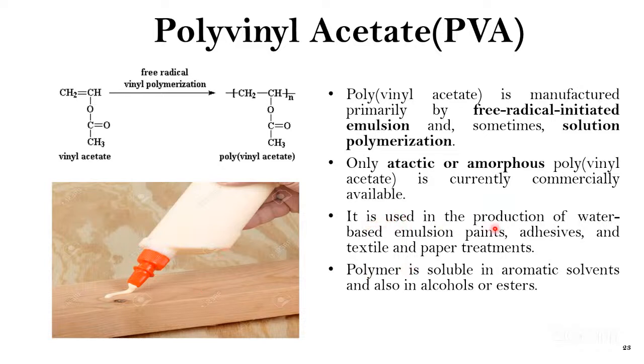It is also used in the production of water-based emulsion paint, which can be easily mixed. We do not have to use any carcinogenic or harmful solvent; if you add water, the paint is formed. It is also used as an adhesive, in textiles, and in paper treatment. These are the major uses of polyvinyl acetate.